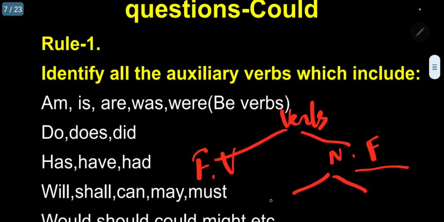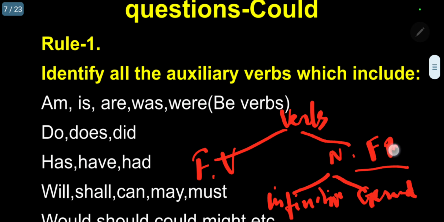This is infinitive, gerund, and participle. Participle may be present participle or past participle.